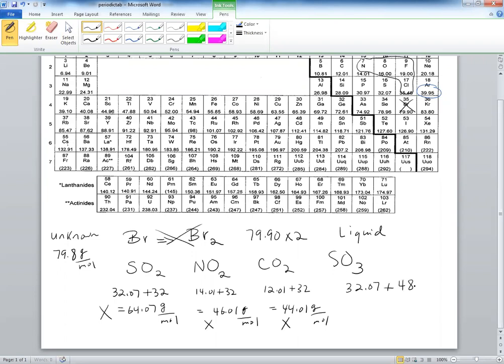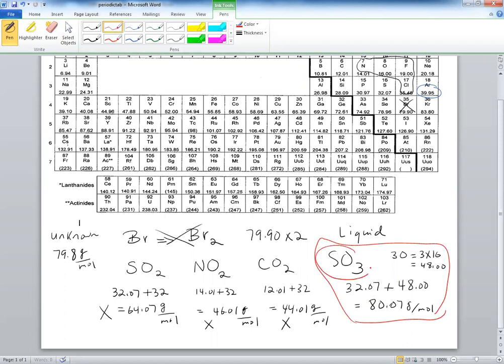Remember, each oxygen is 16. 3 oxygens equals 3 times 16, which is 48. So if you do this, you actually get 80.07. Of course, there's always some error, so it's most likely that this is going to be your unknown gas. It's SO3.